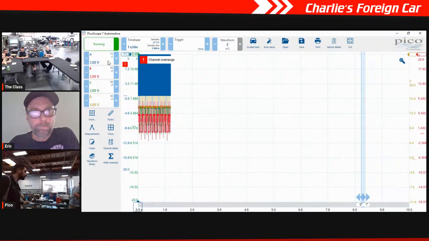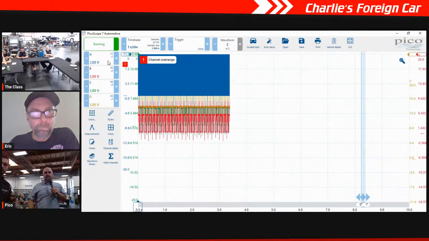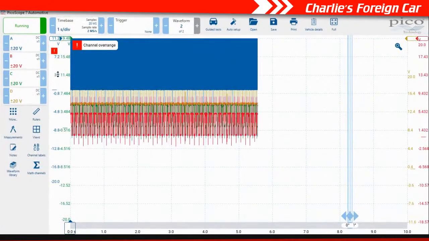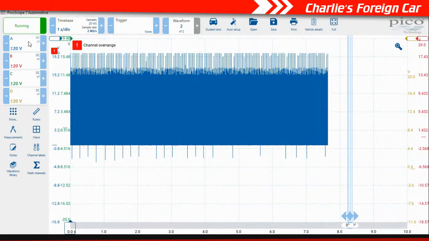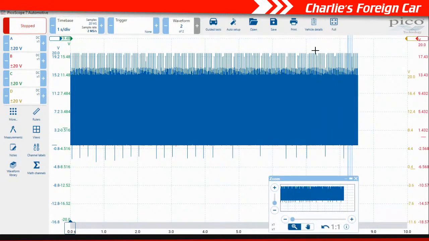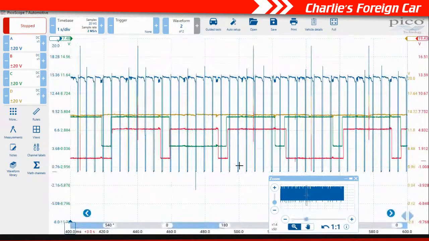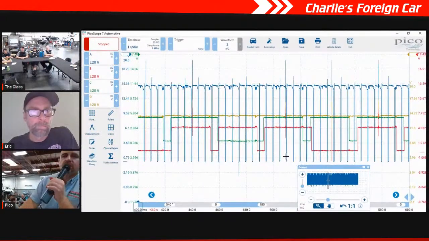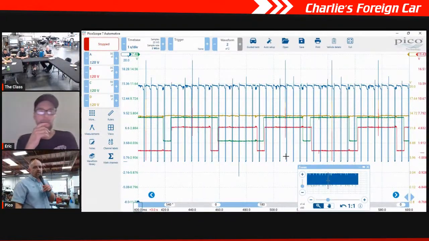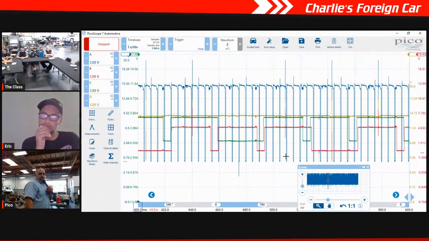Okay, no, it's right now. The blue line is being activated right now. So we stop it. Yeah. So that blue line right there is on the VVT solenoid on the intake side.